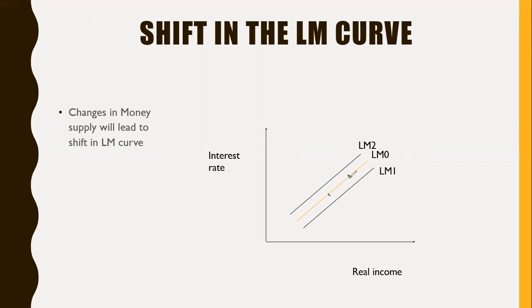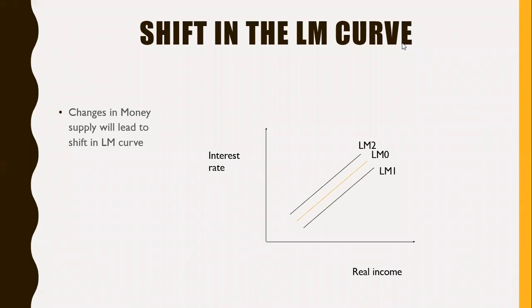Money supply change होता है. So changes in money supply actually will lead to shift in LM curve. तो जब money supply rise होता है, LM curve will shift to right, and fall in money supply will lead to shift of LM curve to left. Okay, so the reason behind this shift is changes in money supply.